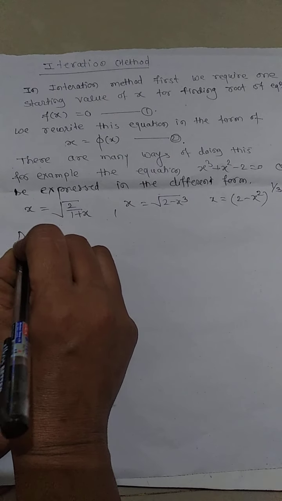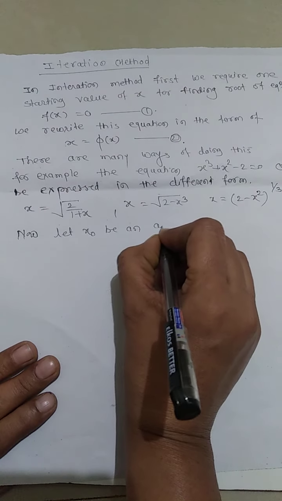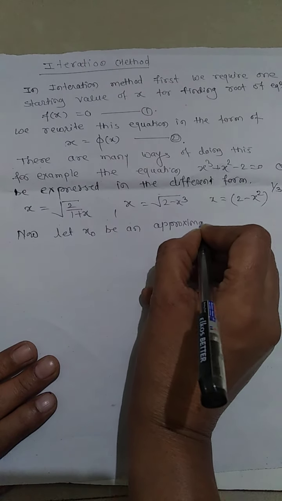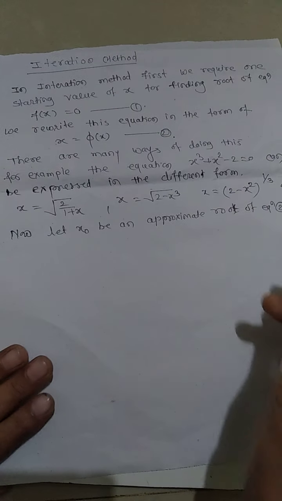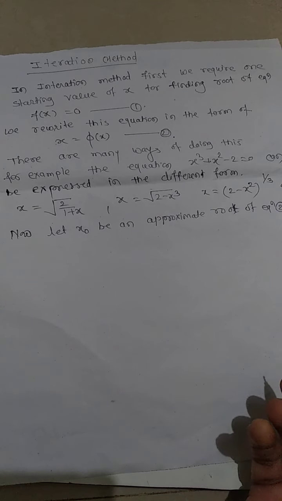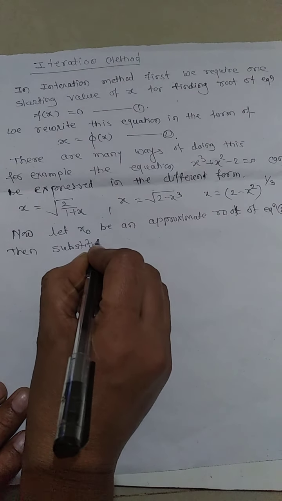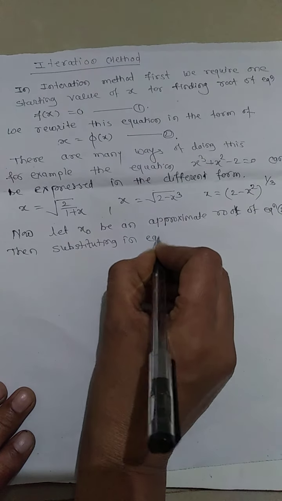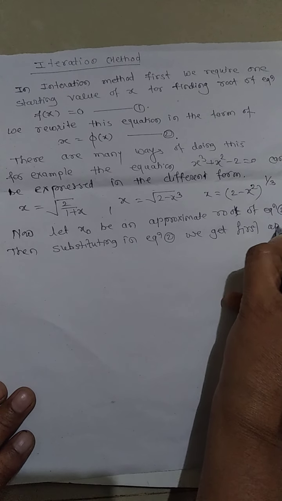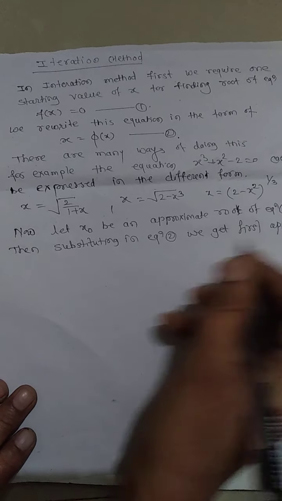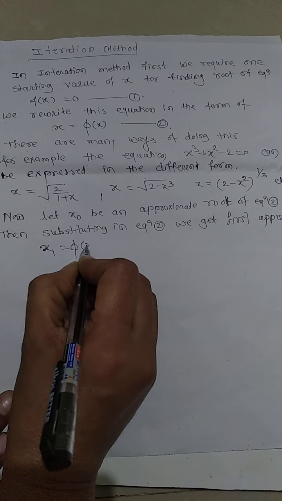Now let x0 be an approximate root of equation 2, then substituting in equation 2 we get the first approximation, that is x1 is equal to phi of x0.